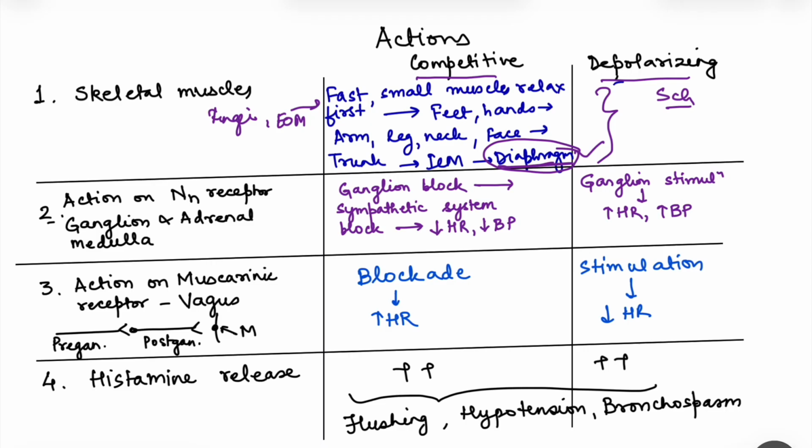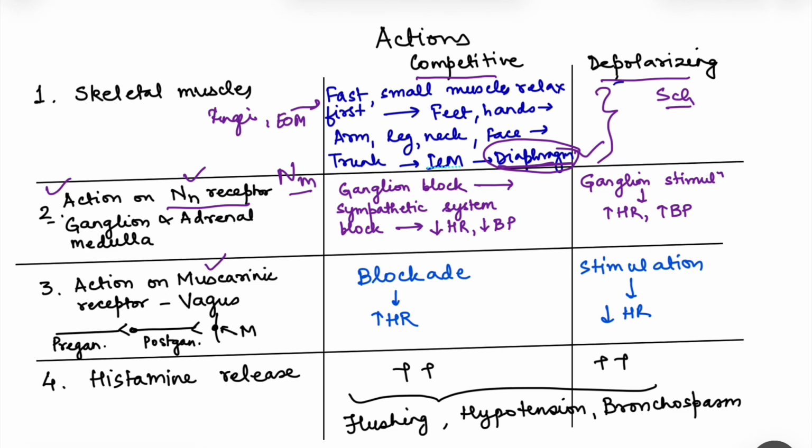Second is the action on the nicotinic N type of receptors. We have seen that the mechanism of action is due to the action on the nicotinic N type of receptors, that is the N-acetylcholine receptors. If the action were very selective, then they would act only on those receptors, but that doesn't happen. There is some action on nicotinic N type of receptors and there is some action on muscarinic receptors as well.